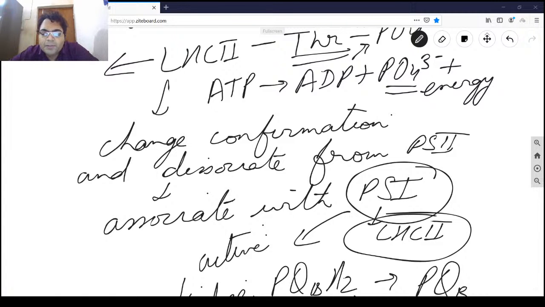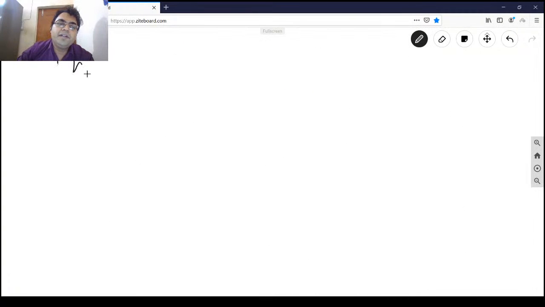Okay, so now we'll be talking about the water splitting complex. This is a very important topic.